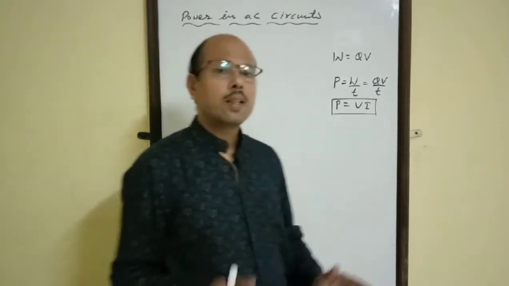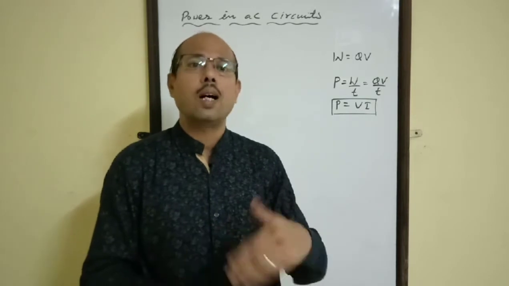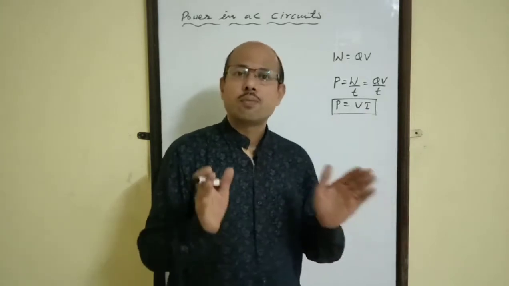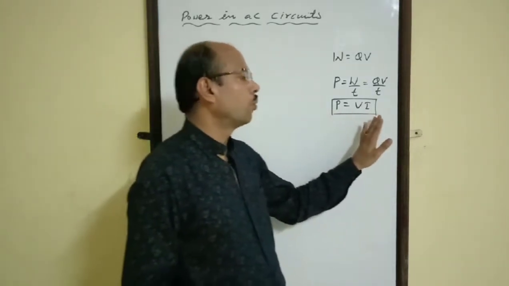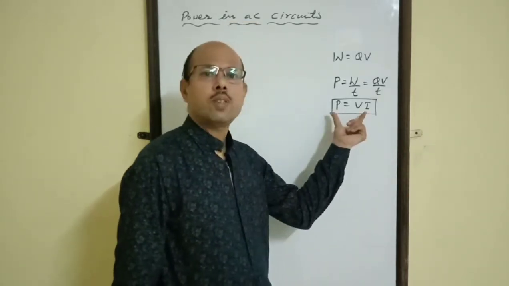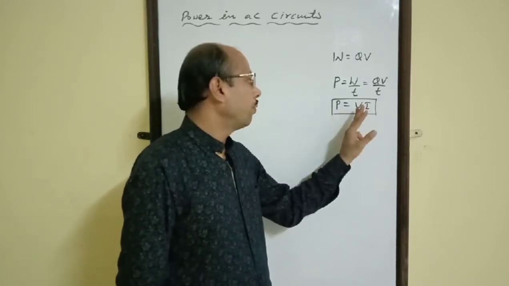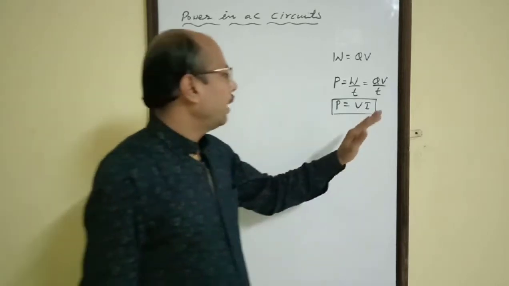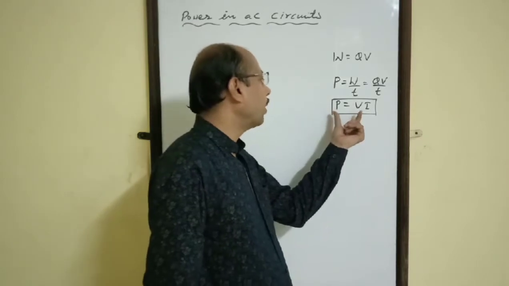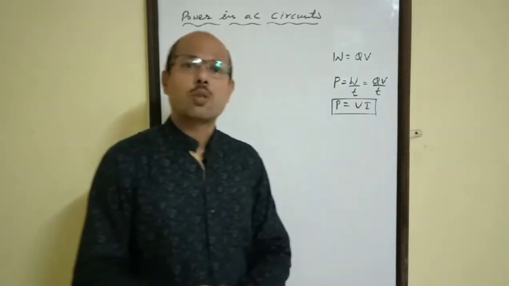But in the case of alternating current, the voltage and current both are changing with time continuously. Therefore, if we write the formula P equals VI in alternating currents, it will give the instantaneous power of the circuit at that instant. If v is the value of voltage and i is the value of current at any instant, then the power at that instant, or instantaneous power, is given by P equals vi.